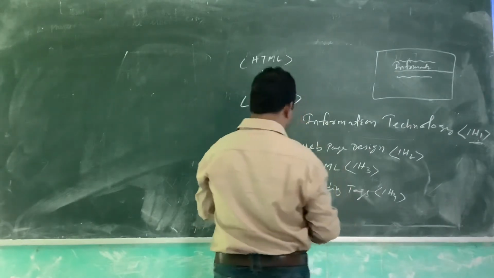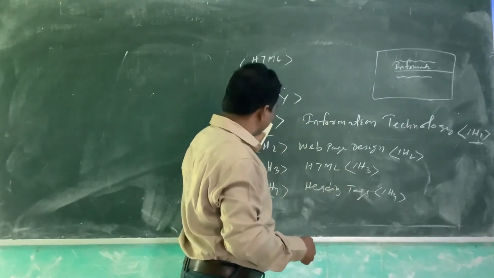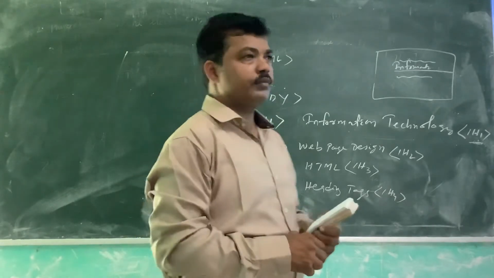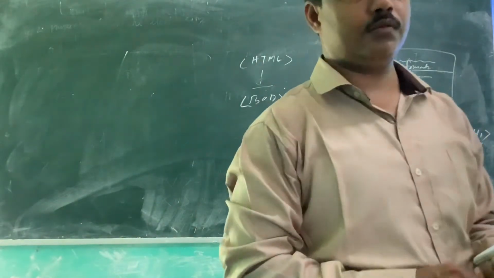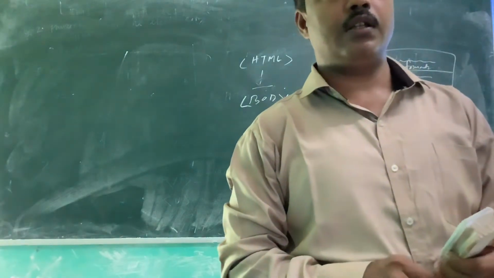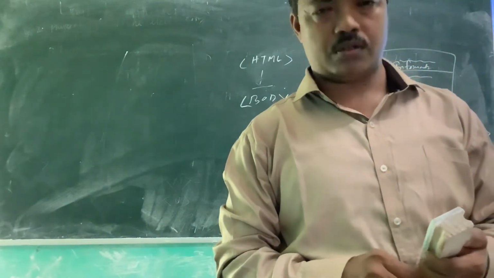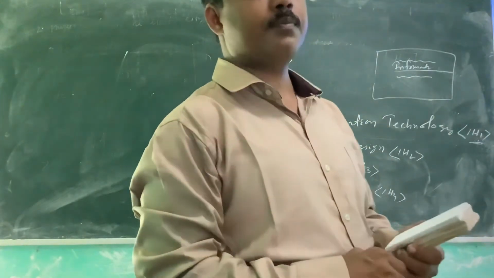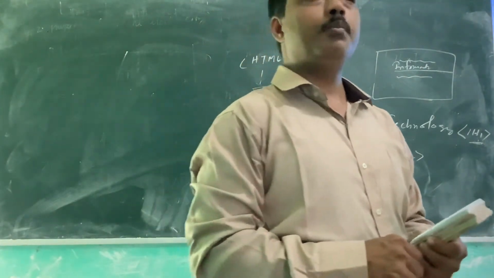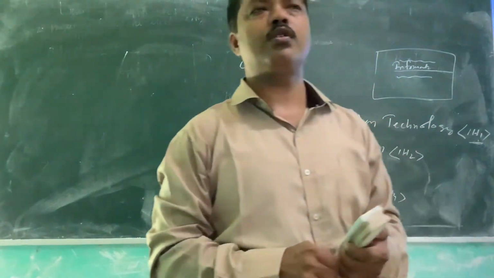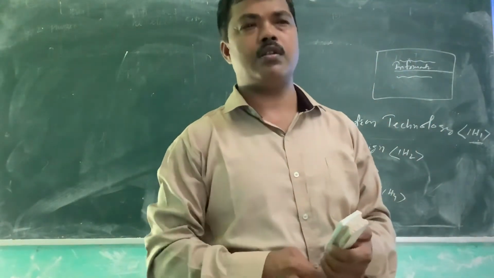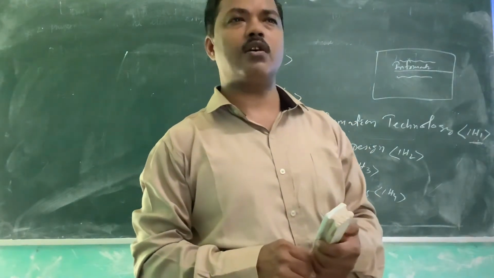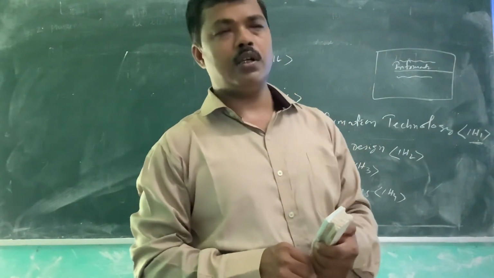And now let's discuss another tag, that is strong. In previous class, you know, B tag is used to make the letters bold, and like that, strong tag also makes the letters bold.